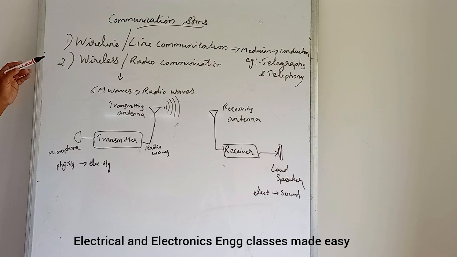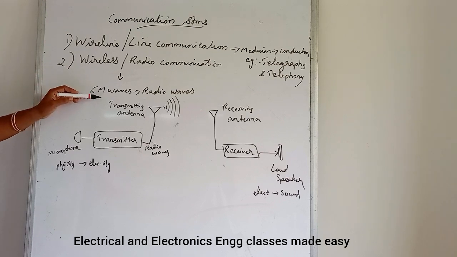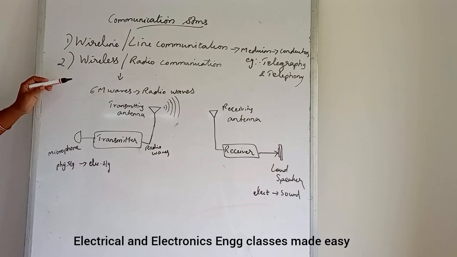In order to reduce the problems occurring in line communication, wireless or radio communication is used. In this communication, the message signal is transmitted through open space by electromagnetic waves called radio waves. This mode of communication is known as radio communication. Radio communication makes possible communication over very large distances, even from Earth to Moon.